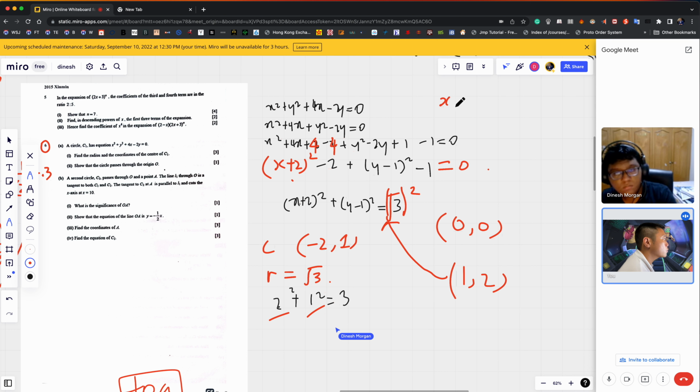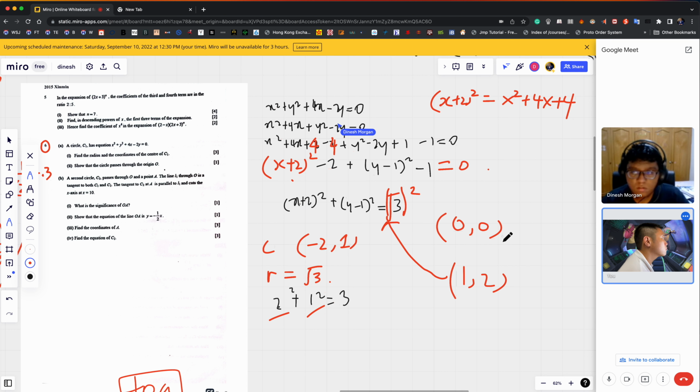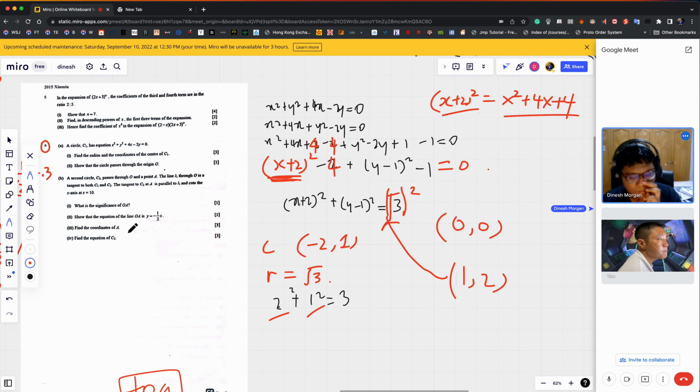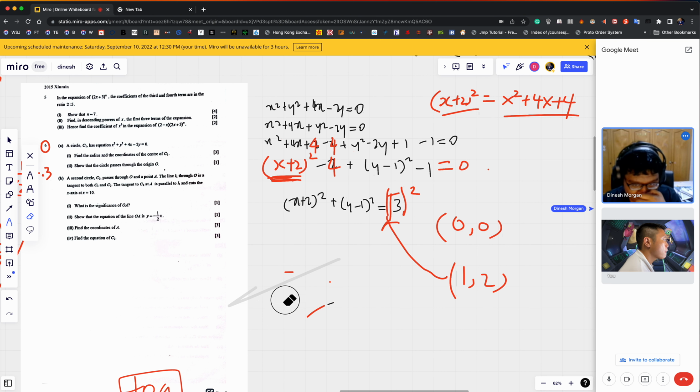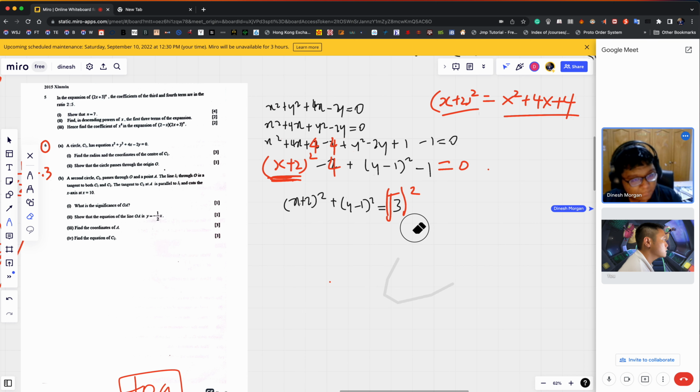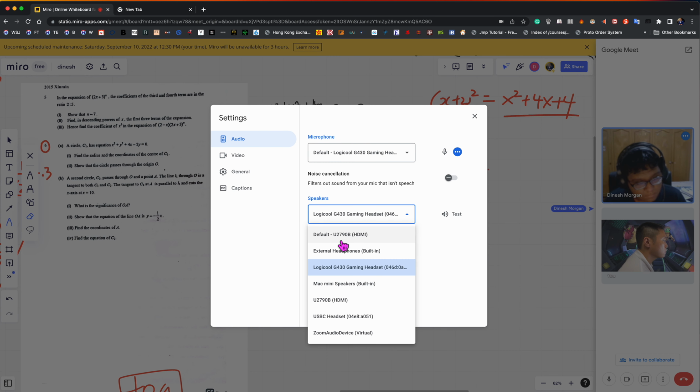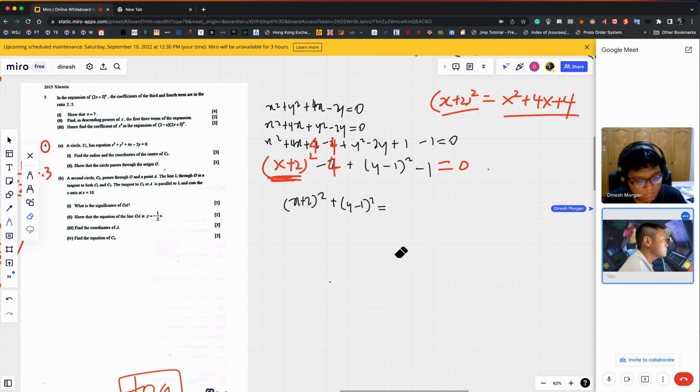Because you're completing the square: x squared plus 4x plus 4, right? This one gives you this, so it will be minus 4. Okay? Are you convinced now?